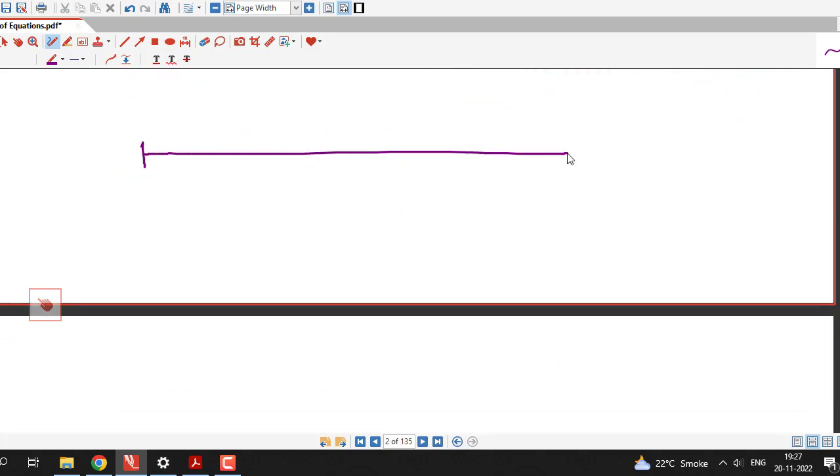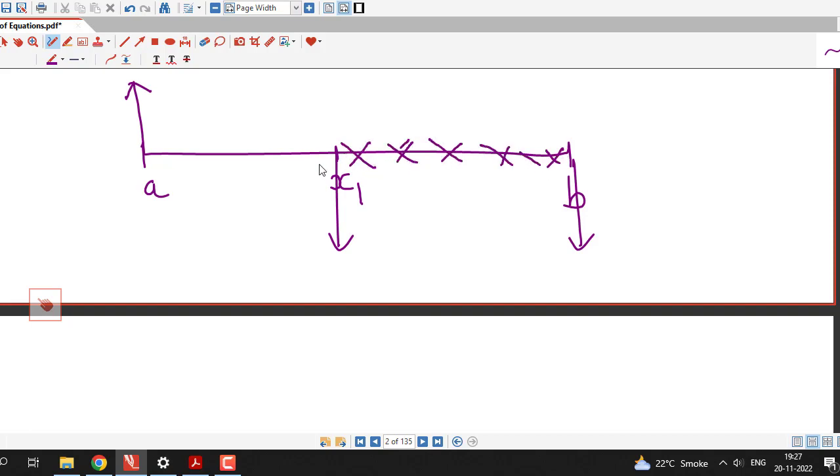We have to just start with 2 points A and B, then we bisect this interval, and whatever midpoint we obtain, that is x1, and suppose f of A is positive, f of B is negative, and if f of x1 is negative, then root cannot lie in this interval. Our next search interval becomes A to x1, so we again bisect that interval, and midpoint of that interval is next approximation.